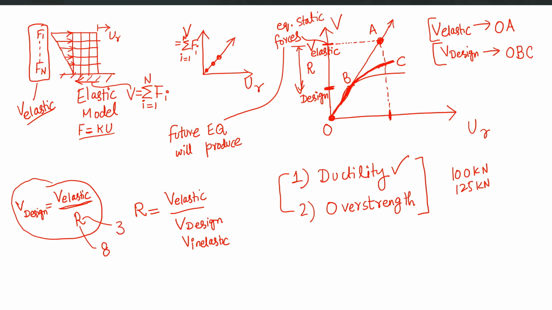Building code is recommending a linear elastic model for the seismic design which cannot capture the effect of cracking, yielding and everything. So in order to bring down the elastic V to some design level, it just recommends a constant value R, and R is made a function of the structural system, SMRF, OMRF, dual system or any other system.